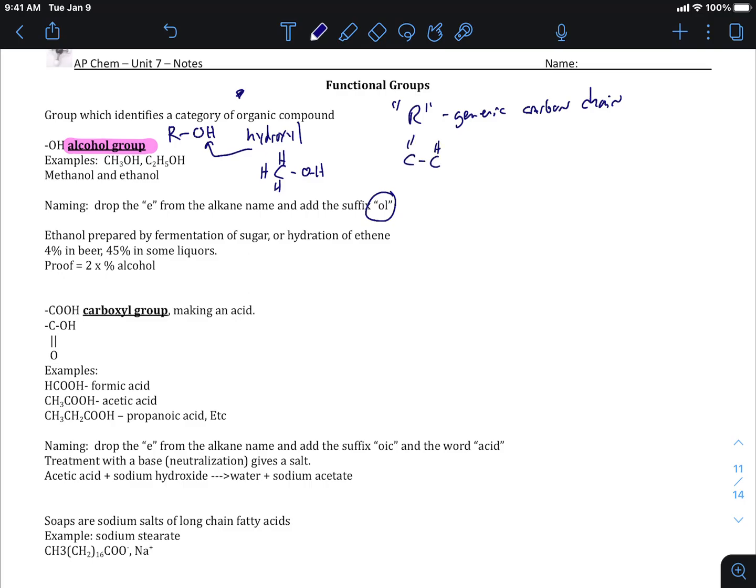This 2 carbons, instead of ethane, it would be ethanol, and so on. So what would this be called? Butanol, right?